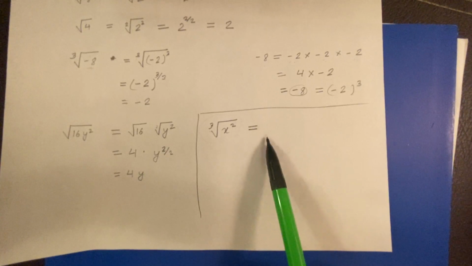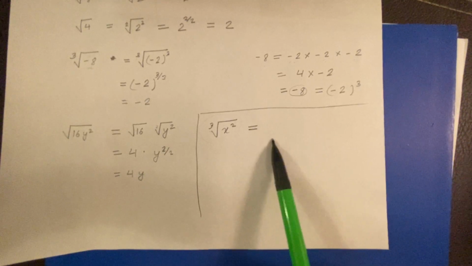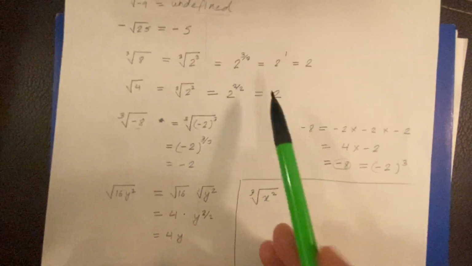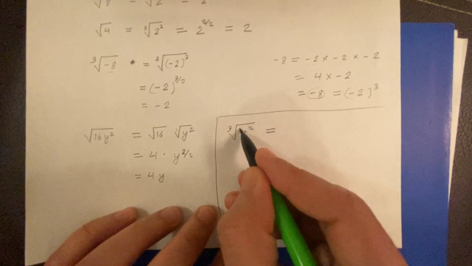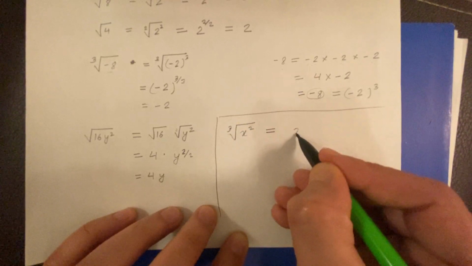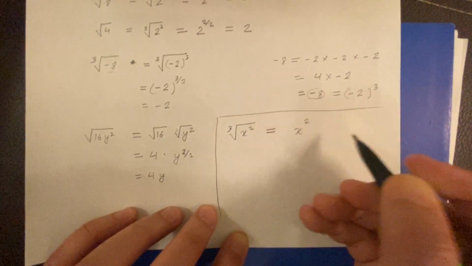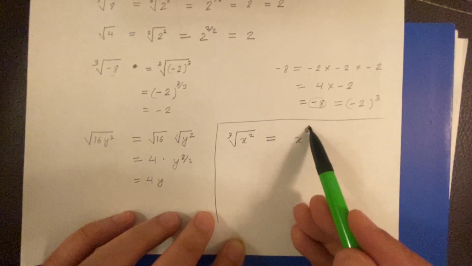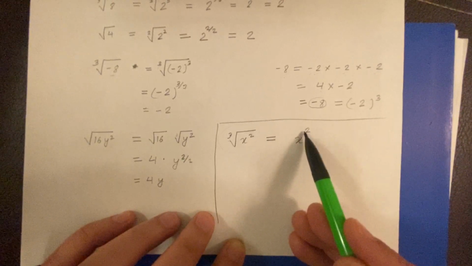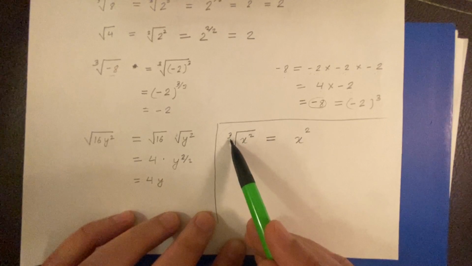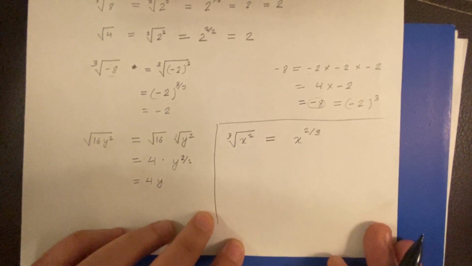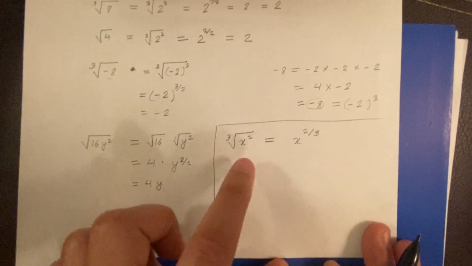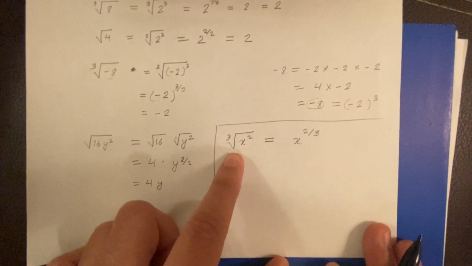So we don't want any root. Just like I did here on the top, you can write whatever we have inside the root, x squared, and we can divide this 2 on the top by the index number. The index number here is 3, so 2 over 3. That way we get rid of the root.